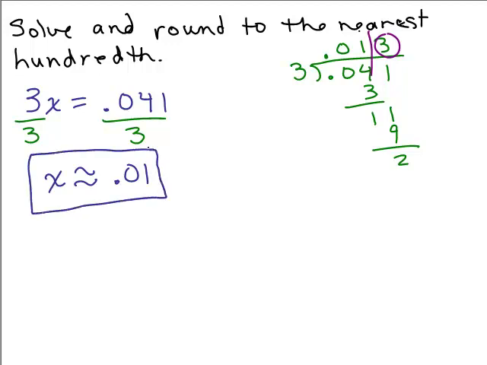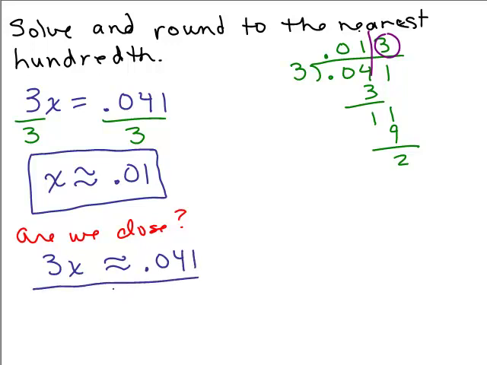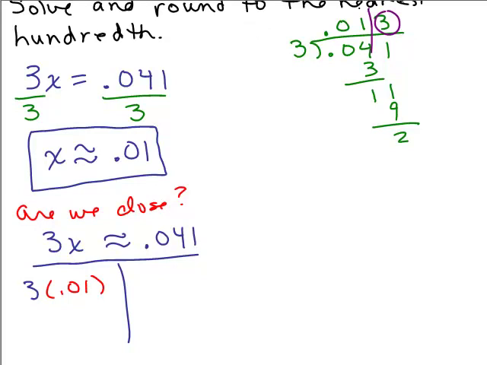So let's check, see if we're in the ballpark. Are we close? That's all we can do since we rounded. So we take 3x, approximately 0.041. We're going to plug in 0.01. How do you do that?